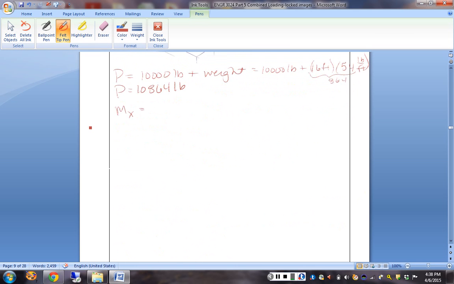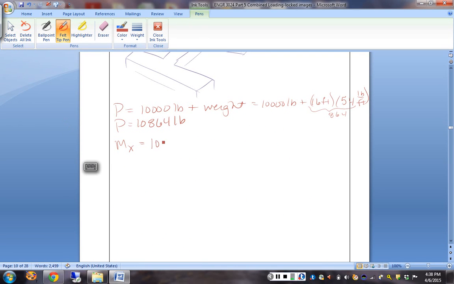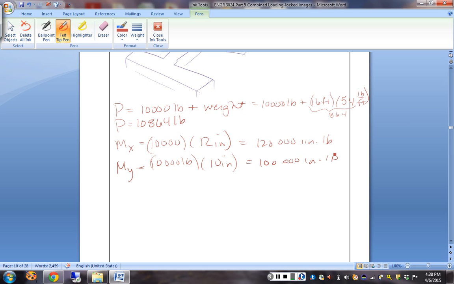So coming back down, moment about x is our 10,000 pounds times 12, or 120,000 inch pounds, and our moment about y is 10,000 times our 10 inches. All right. So that is our internal reactions that are causing stresses.